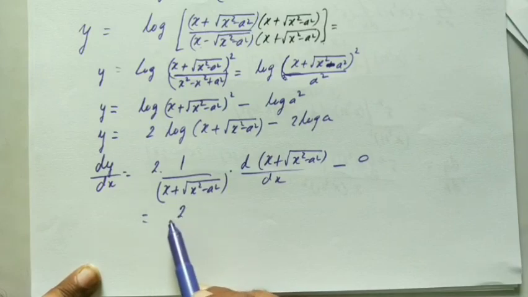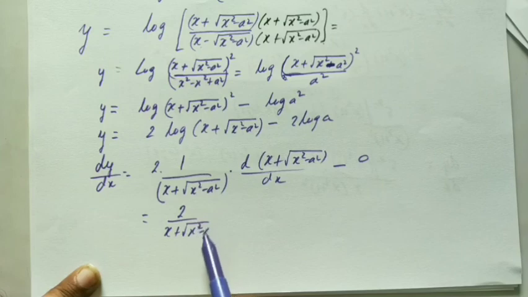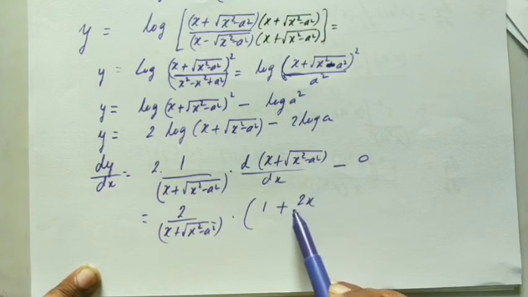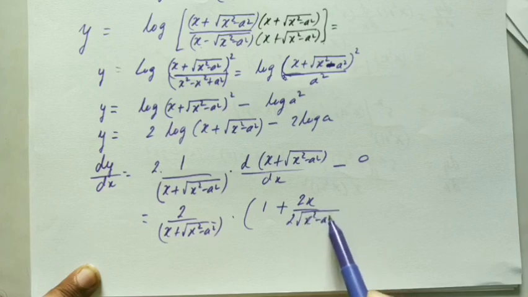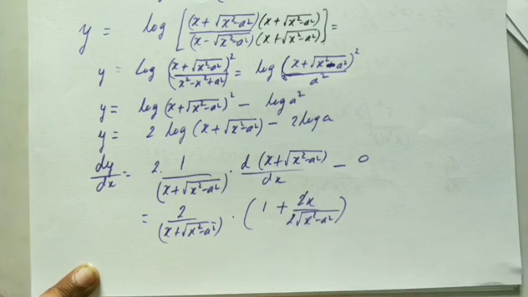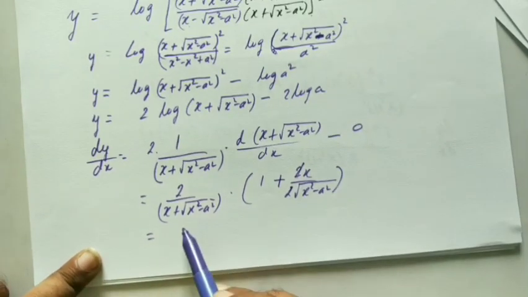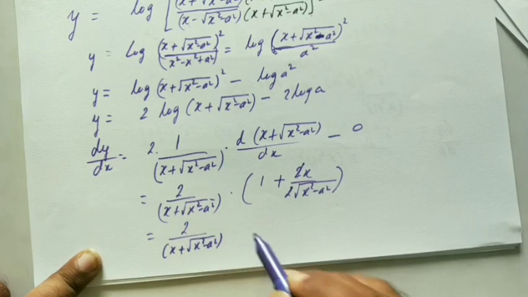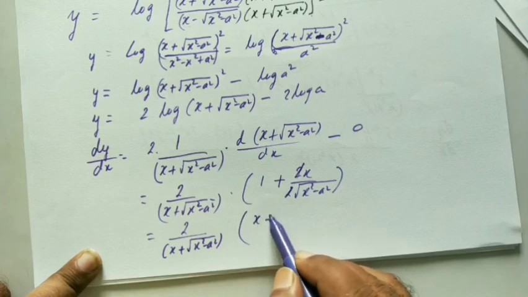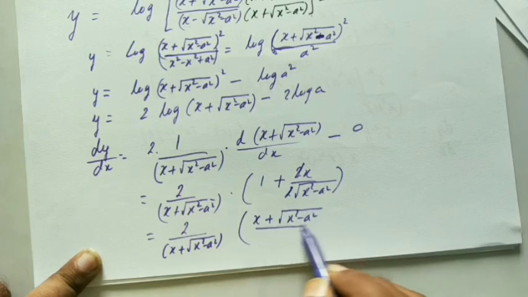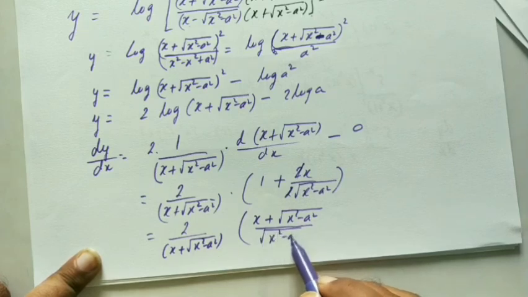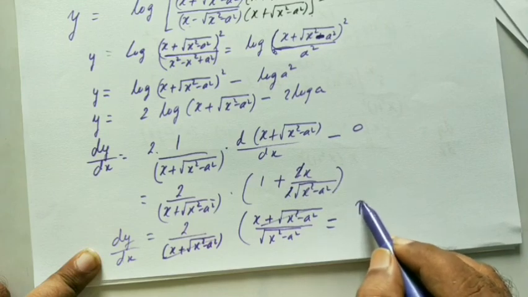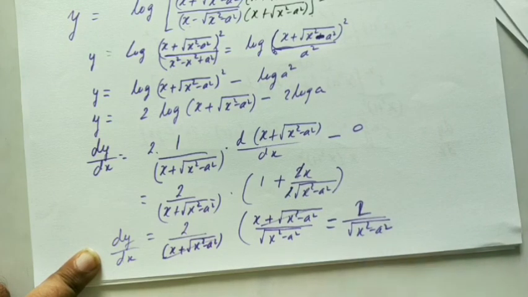So I get here 2 by 1 plus differentiation of this, can be further written as here, this is cancelled. 2 by root of x square minus a square.